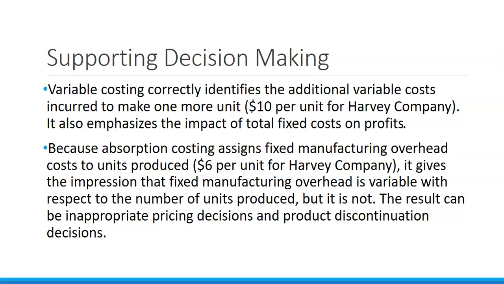So using only absorption costing can lead us to making inappropriate pricing decisions, inappropriate CVP analysis, inappropriate discontinuation decisions. This is one of the reasons why we tend to treat variable cost as the per unit cost when we're doing analysis and fixed cost as a total fixed cost instead of as a per unit fixed cost, because our total fixed costs are the same every period, regardless of how many units we make.